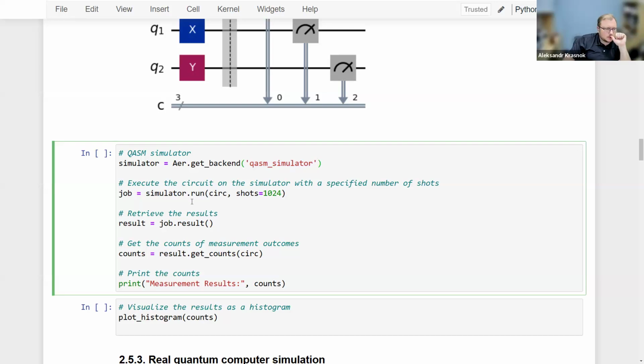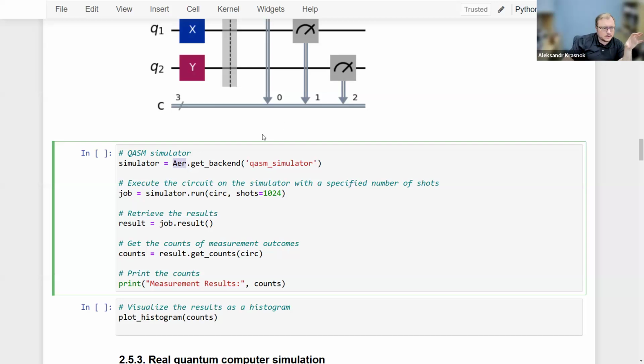Okay, and then we create a job, right? So it's our project. I take my simulator and ask it to run. It used to be execute maybe a couple of years ago. This approach was a little bit different.